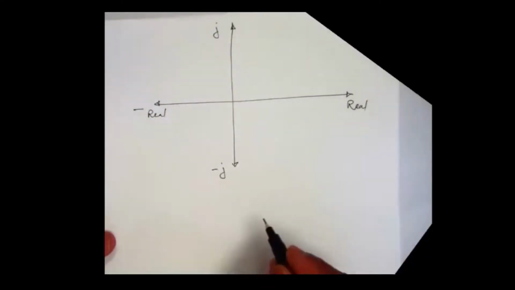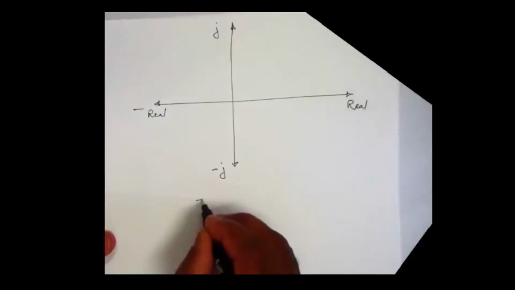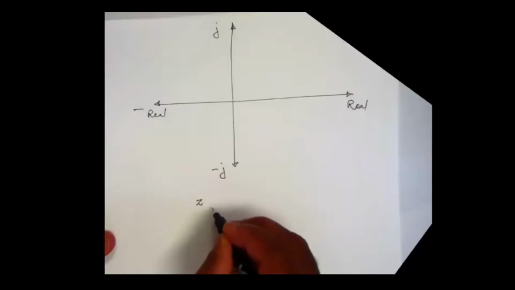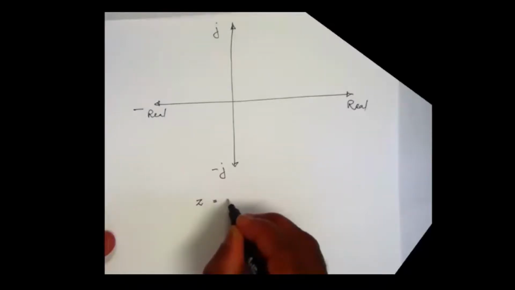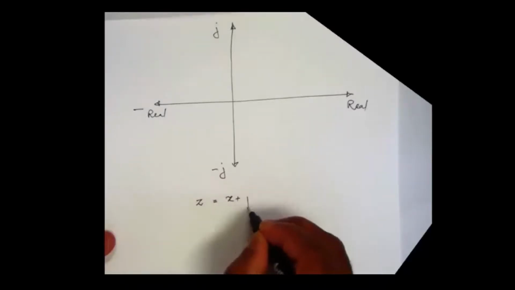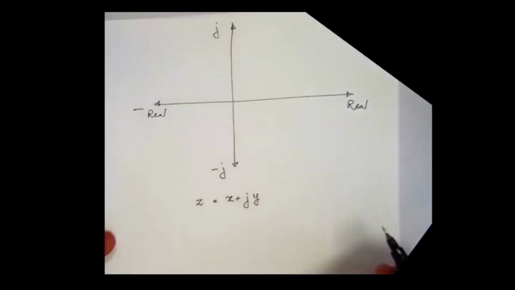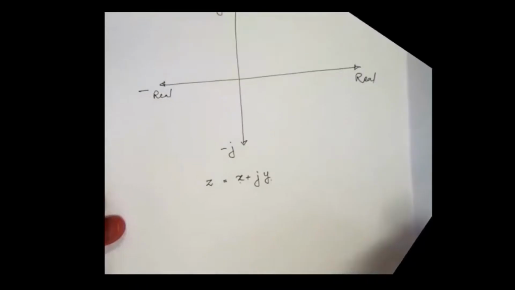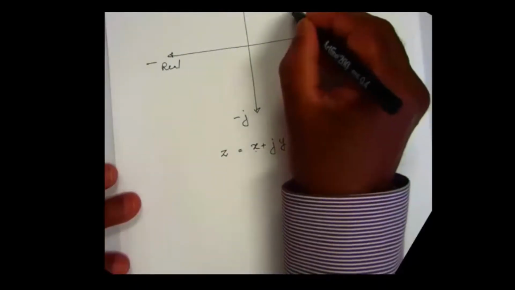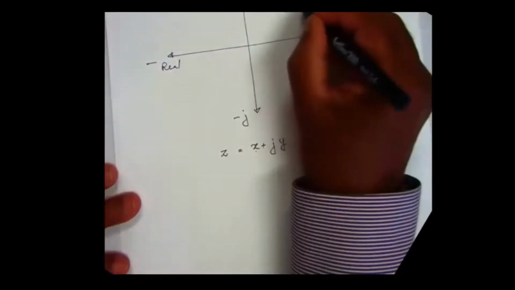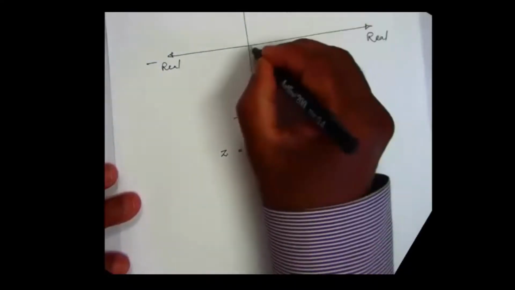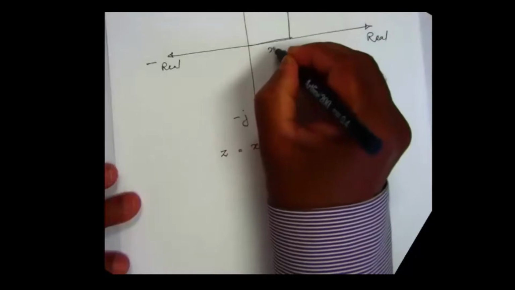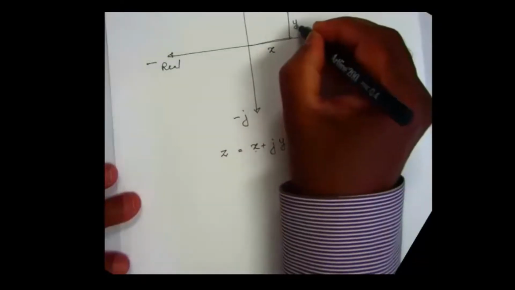So we'll take any complex number here. We will say that complex number is z, and that is equal to x plus jy. So that's the real part and that's the imaginary part. So let's take that complex number there, that's the z, and that is the real part, which is x, and that's the imaginary part, which is y.